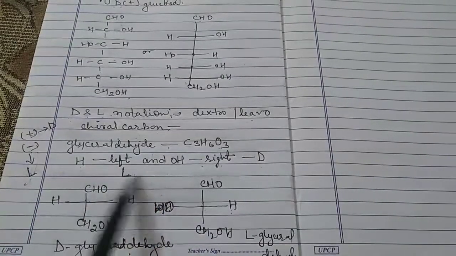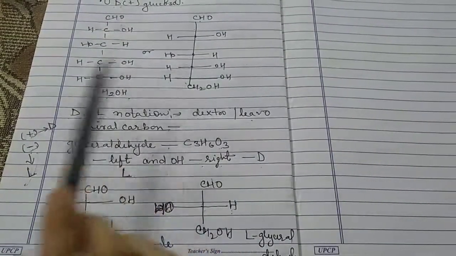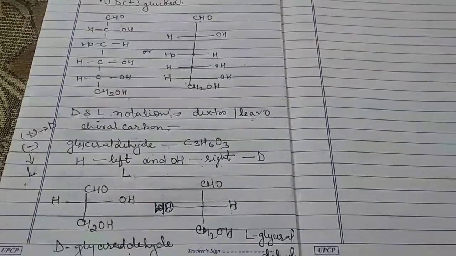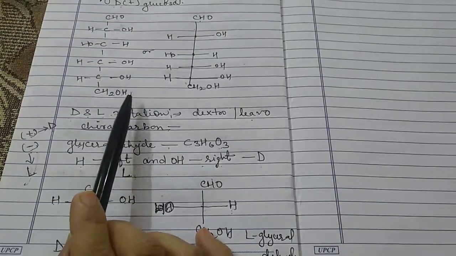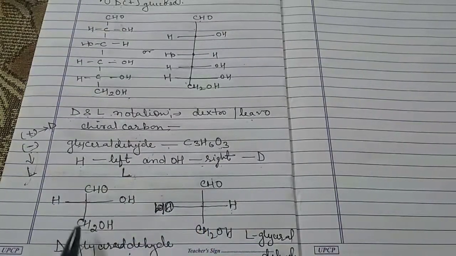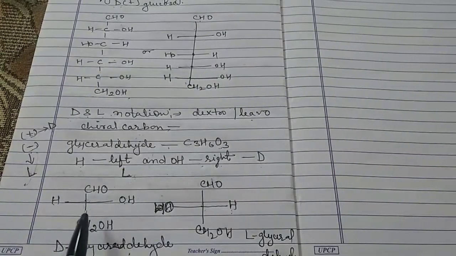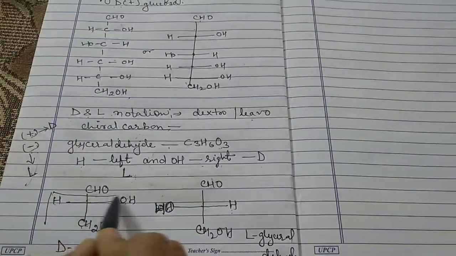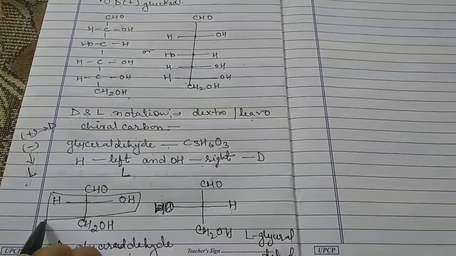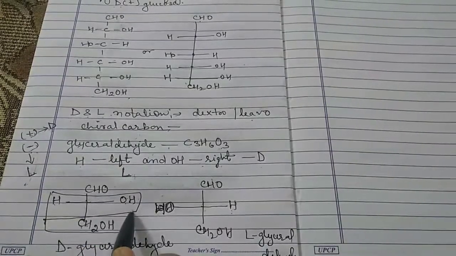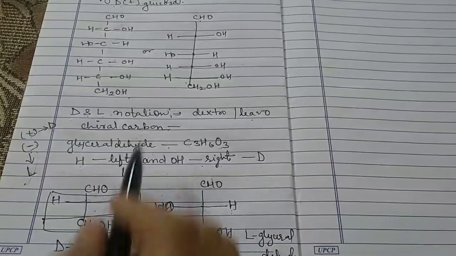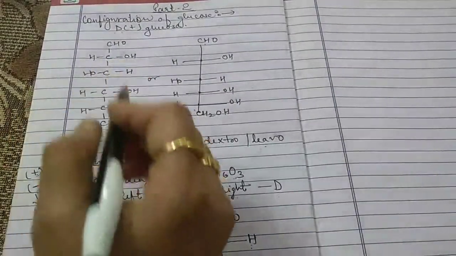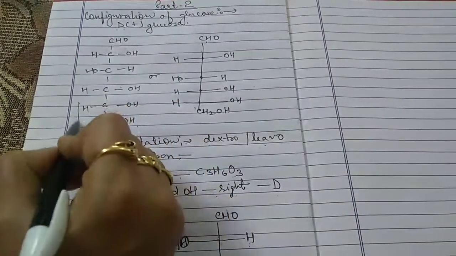Now, for assigning the configuration of a monosaccharide, and glucose is a monosaccharide, we choose the lowest asymmetric carbon atom. Here, this one is the lowest asymmetric carbon atom, and in glucose this one is the lowest asymmetric carbon atom.